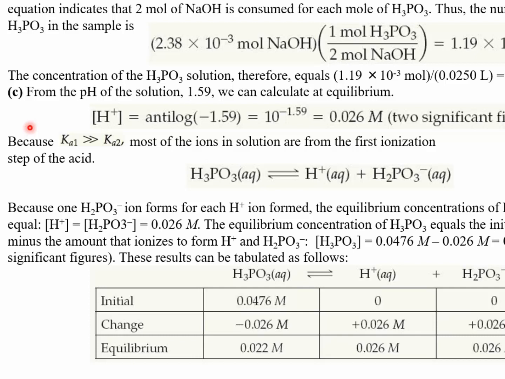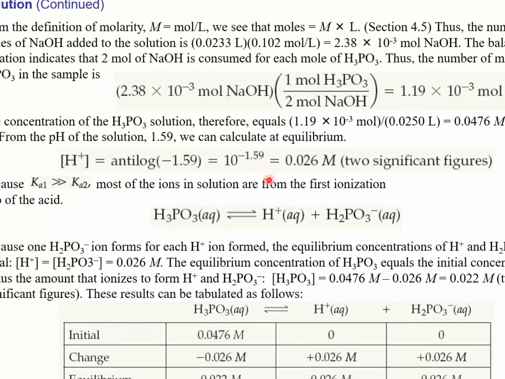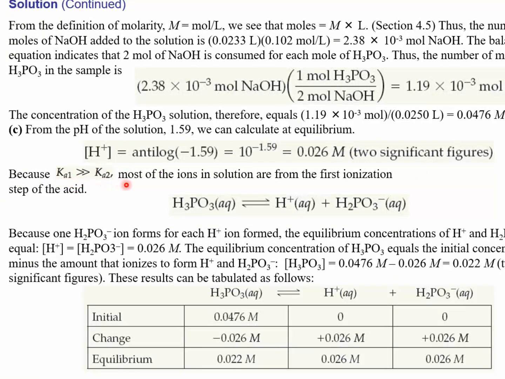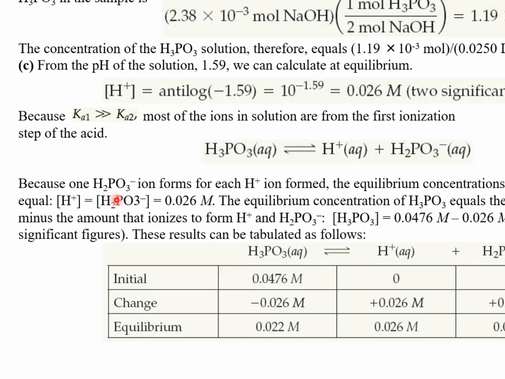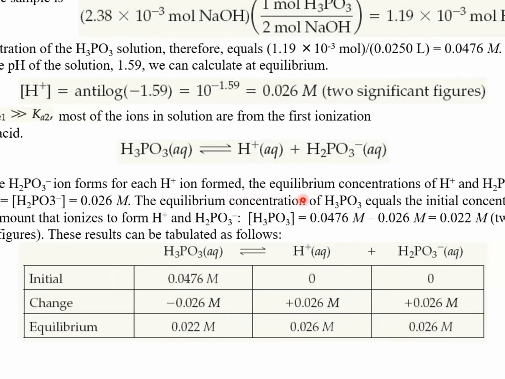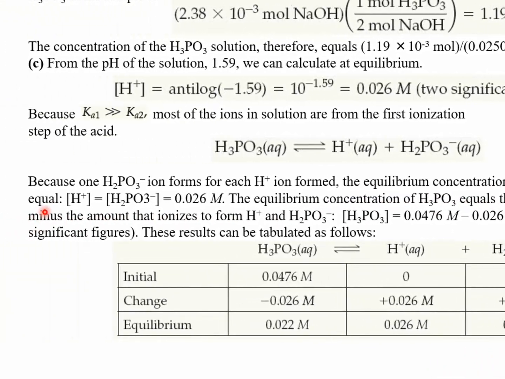Now, for part C, from the pH of the solution, 1.59, we can calculate the equilibrium. Then H+ equals the antilog of this, and this is 0.026 molar. Now, because Ka1 is much greater than Ka2, most of the ions in solution are from the first ionization step of the acid, which is this. Because one H2PO3- ion forms for each H+ ion formed, the equilibrium concentrations of H+ and H2PO3- are equal.